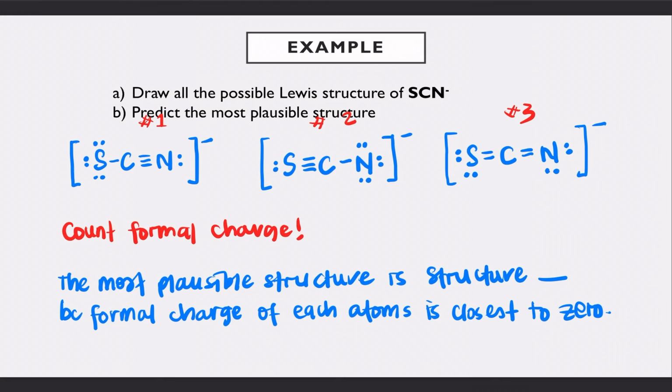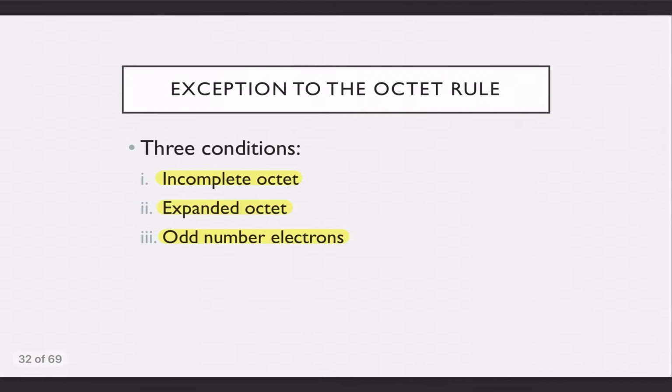So for this one, you are going to find the formal charge for each of the atoms in each of the Lewis structures. Okay, and then you will find that the most plausible structure is, jawablah, because the formal charge of each atom is closest to 0. Okay, so buat yang tu sendiri.